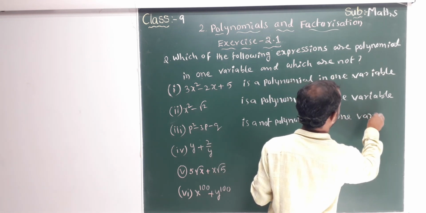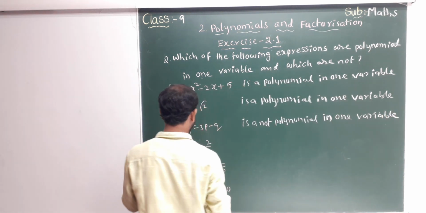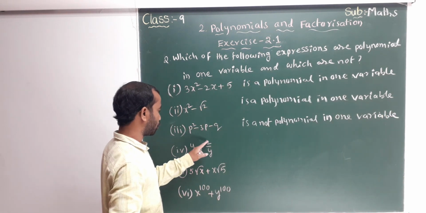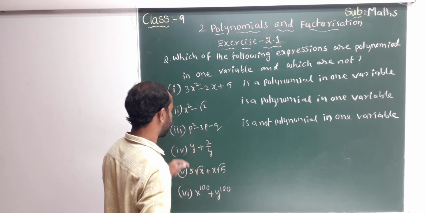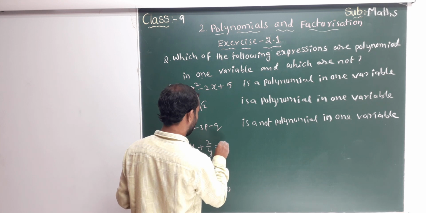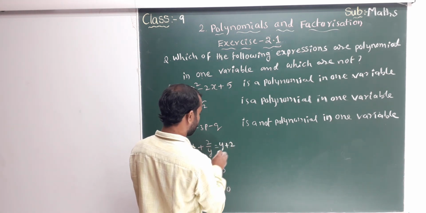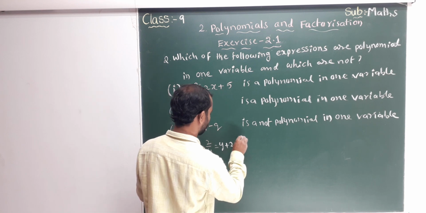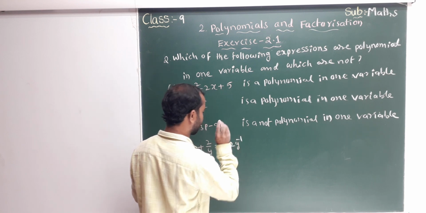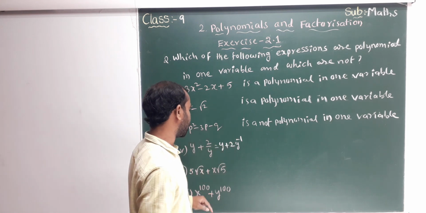Next, fourth one: y plus 2 by y. This is written as y plus, the denominator we can write as 2 times y to the power of minus 1. So this has a negative exponent.